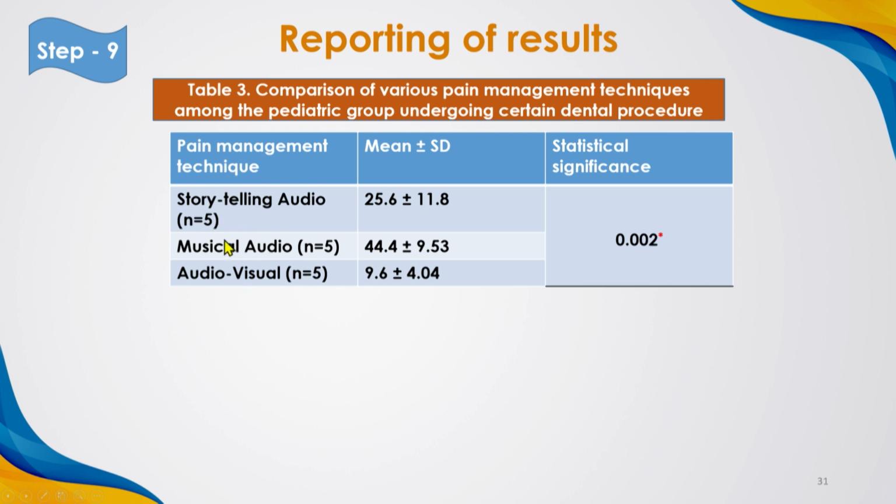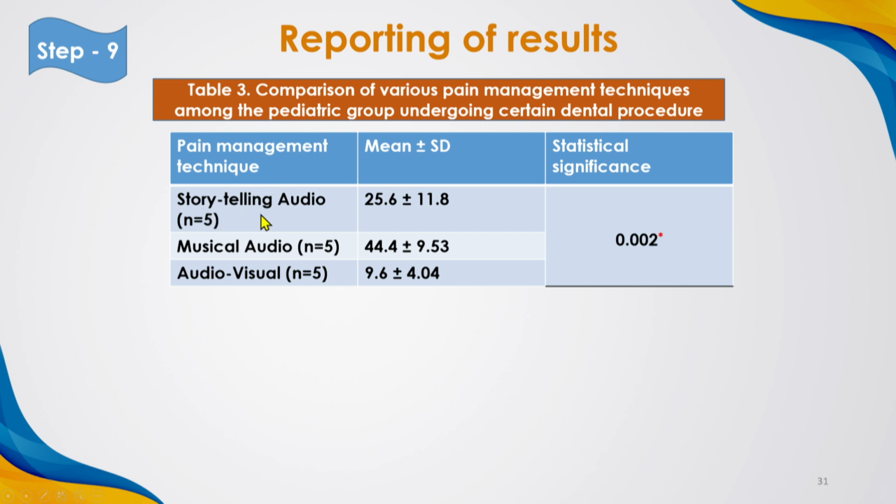So, I had enrolled 15 individuals, and there was no loss to follow-up. So, I have the complete information, 5 in the storytelling group, 5 in musical audio and 5 in audio visual. In each of these levels, I need to report the mean and the standard deviation of the anxiety score, because reporting the mean and standard deviation will give you the magnitude of the difference, so that whatever conclusion you make, you can visualize the difference.